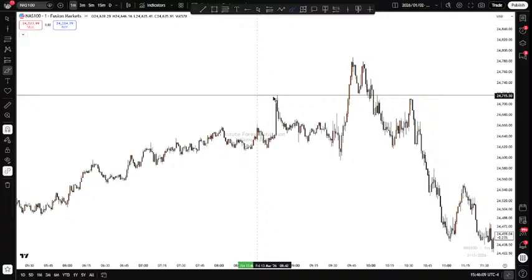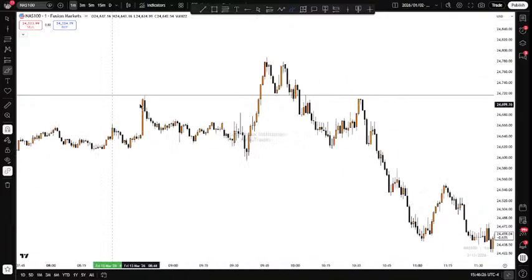What the market is actually looking to do is crash those buy stops above, which is buy side liquidity. So we're waiting for the price to take out the buy stops so that we can enter the market. That's so simple.